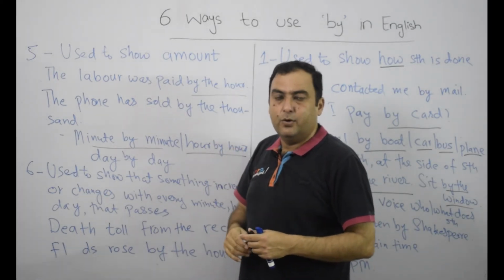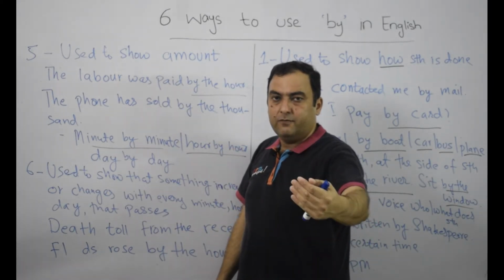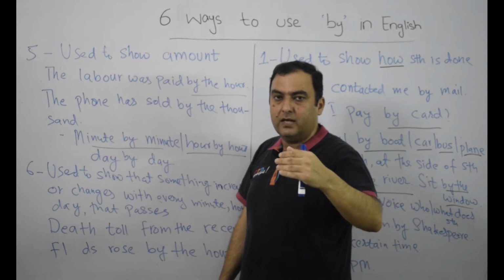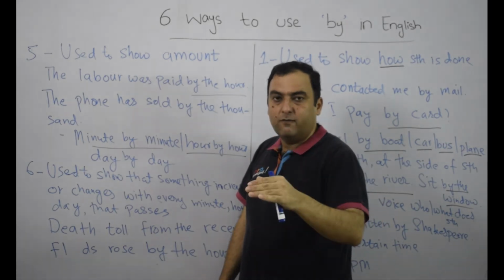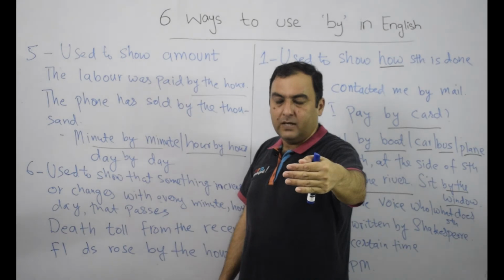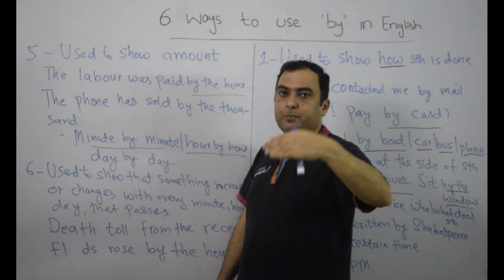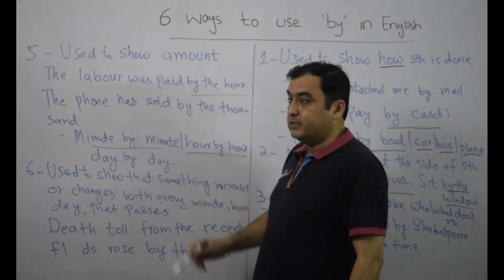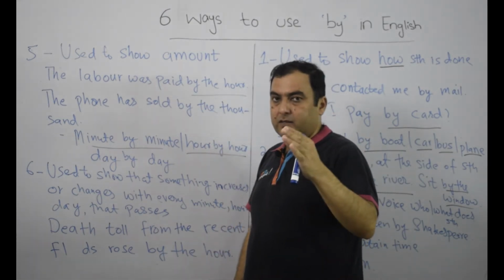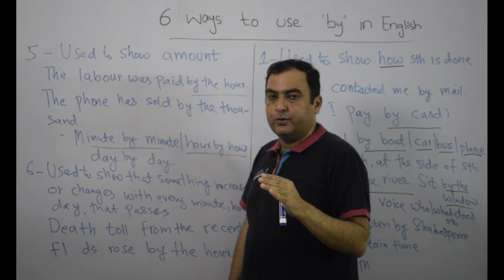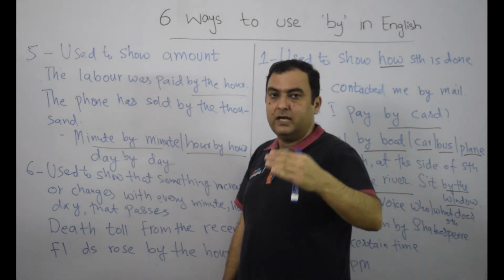Like for example, you go and work somewhere for 8 hours and you are paid accordingly. You work for 1 hour, so you are paid the amount that you work. You work for 2 hours, you are paid accordingly. So we use such kinds of expressions. The labor was paid by the hour, or you could also say the labor was paid by the day or by the week.